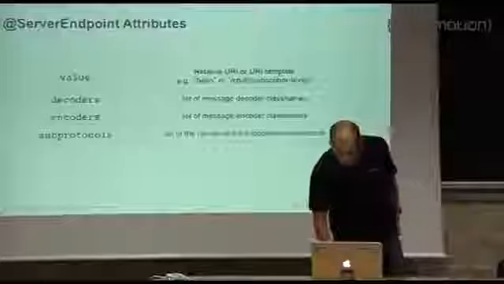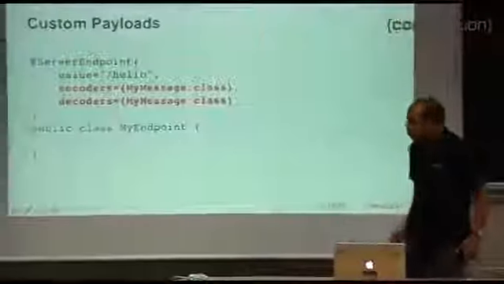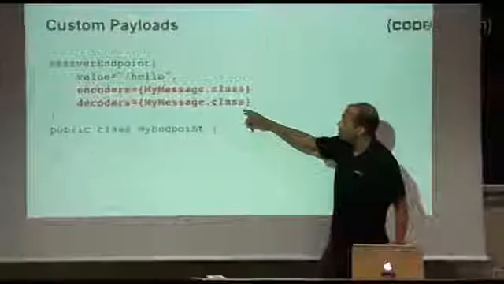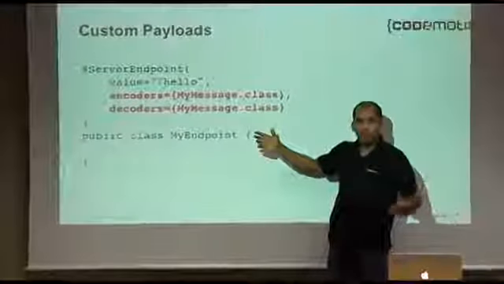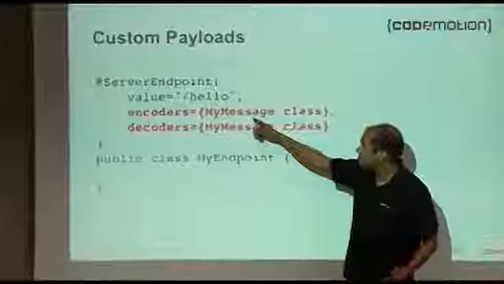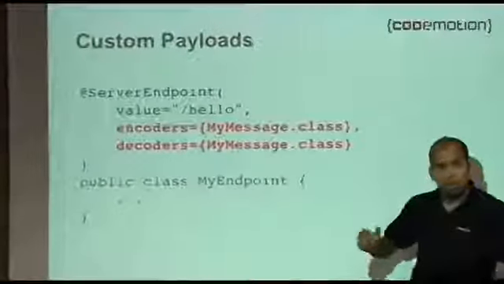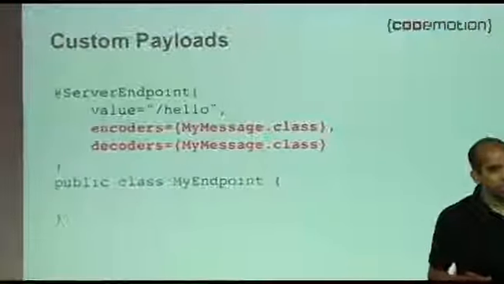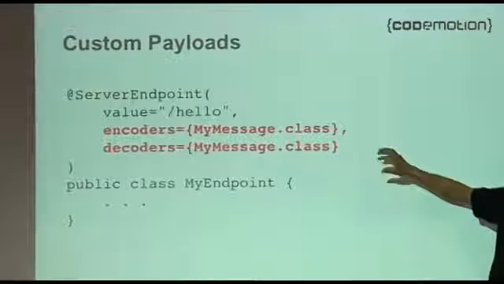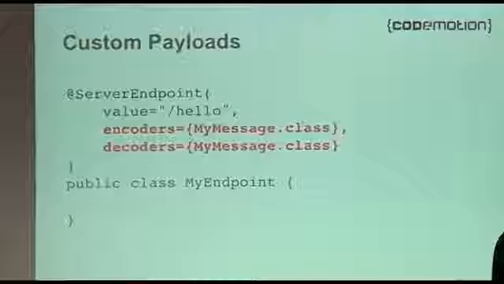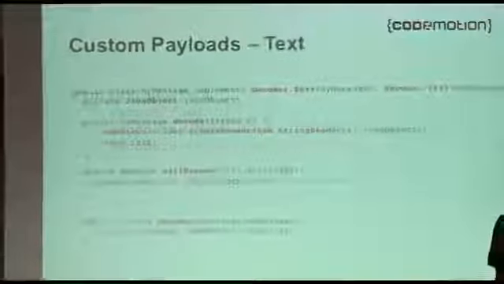How does it work? For example, I just use the same class here because it's eventually implementing interfaces, but I could have my message encoder, my message decoder. I have 2 separate classes where I'm doing the encoding and decoding, and I can specify them on my POJO, and that'll just work out of the box. Okay? And I'll show samples for this.